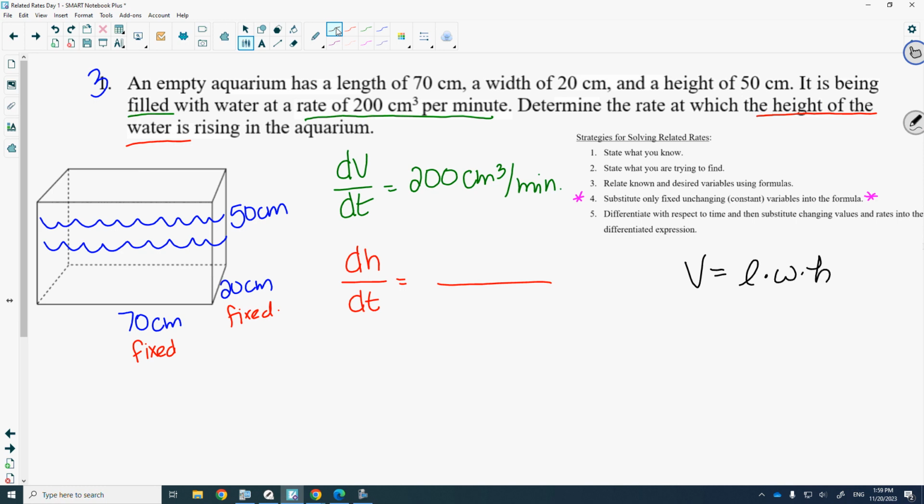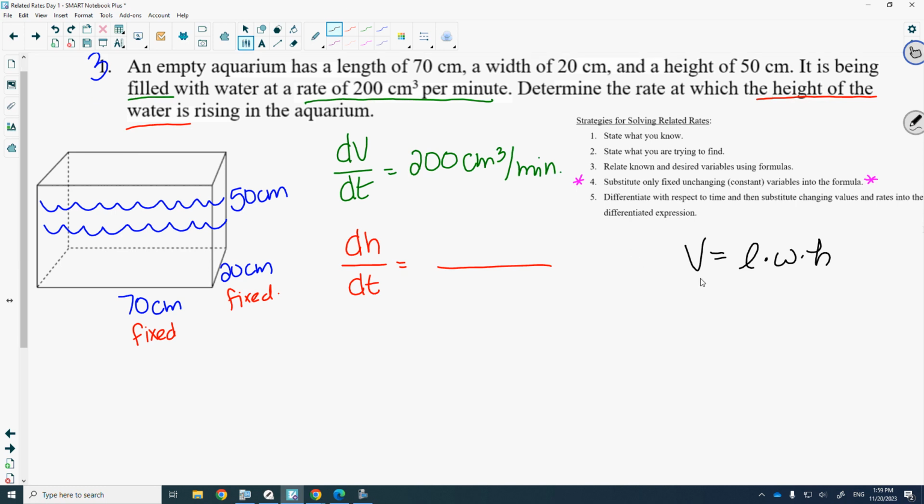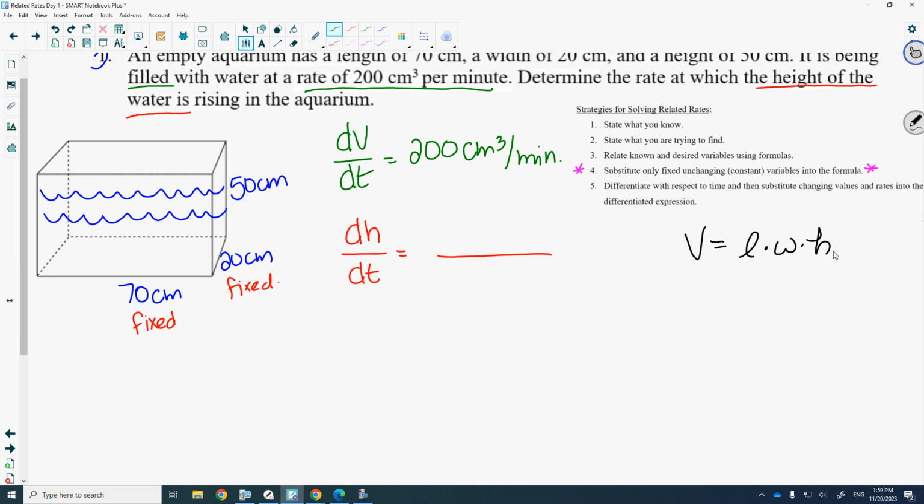Now, once we have the formula that relates volume and height, some students would say, okay, I'm going to differentiate both sides with respect to time, but we've got 3 different variables here, like u v prime. We can't do that. So if you have something fixed, it says create an equation. So here's our equation. And then it says substitute only fixed or unchanging, which are our constant variables, into our formula, because I can't take the derivative of this.